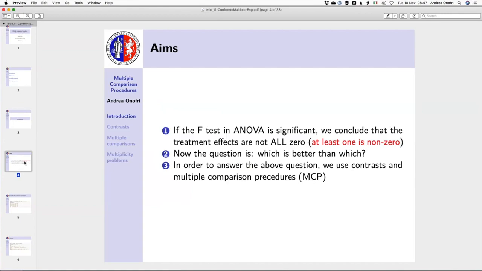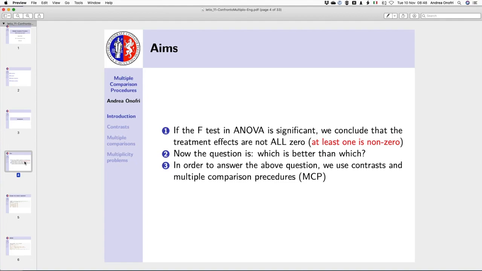This is the aim. You know this already, but we go through it again. If the F-test in ANOVA is significant, our conclusion is that treatment effects are not all zero. If you remember, the null hypothesis was that all alphas, all treatment effects, were zero.